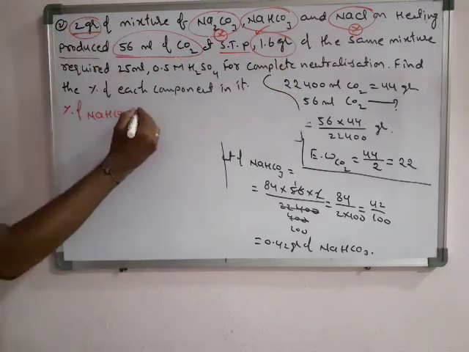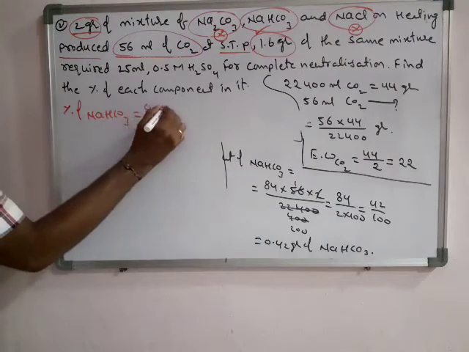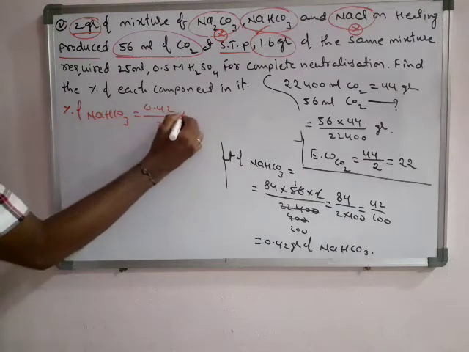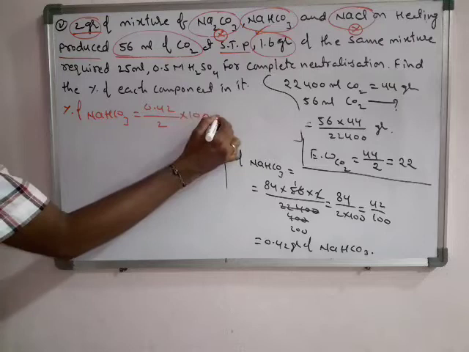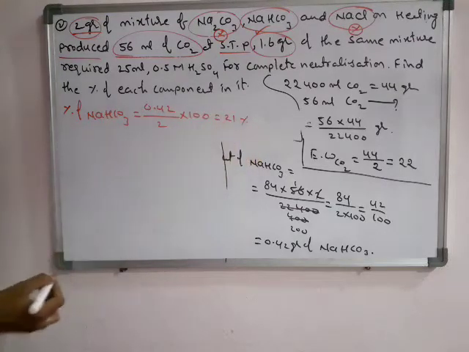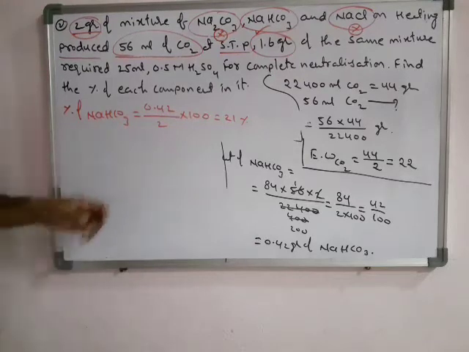Okay, first 2 grams, that is 0.42 gram in 2 grams into 100. This approximately gives 21%. So this 21% is in 2 grams.